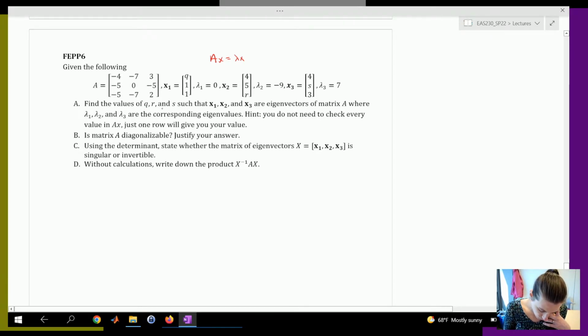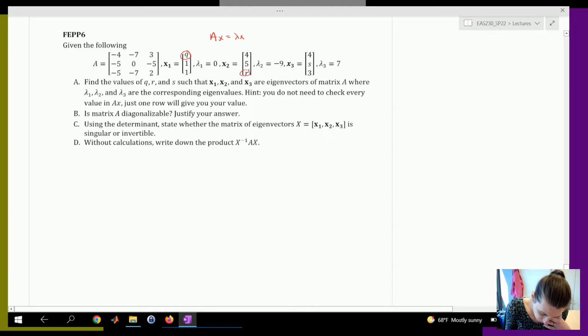Find the values Q, R, and S such that x1, x2, x3 are eigenvectors of matrix A. So there are unknowns in here that we need to solve for. What we do is we take A and multiply it by each x.